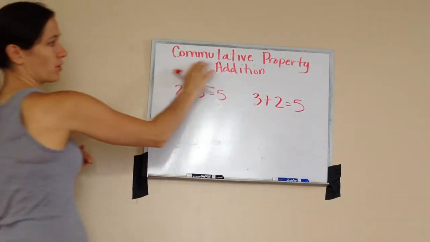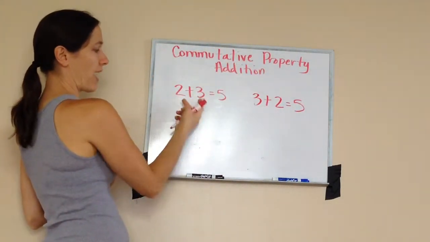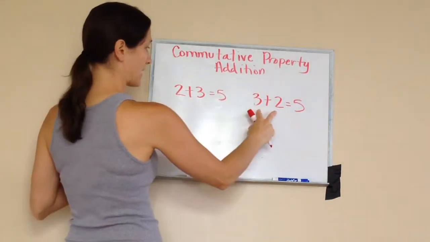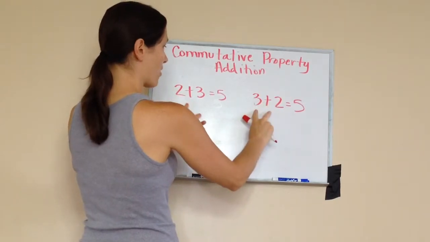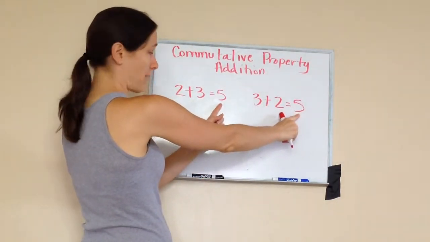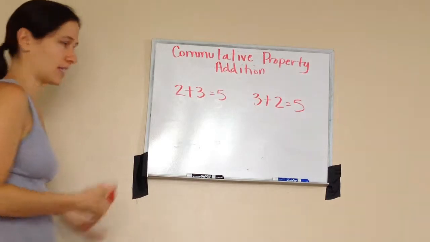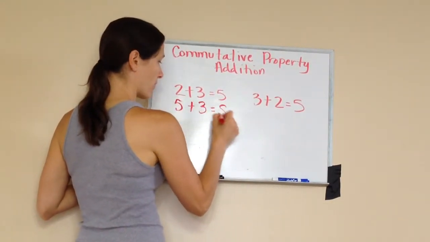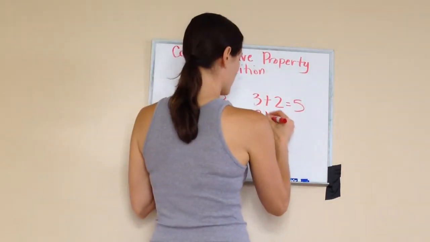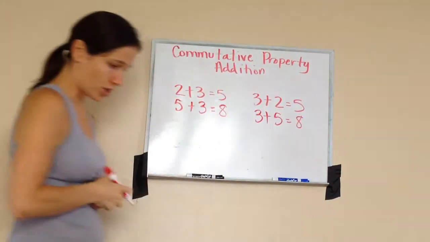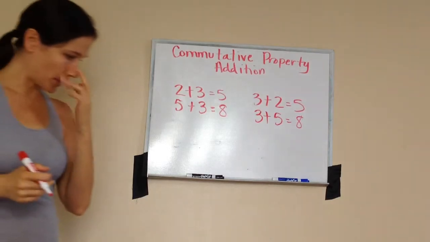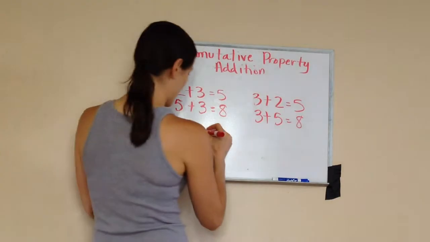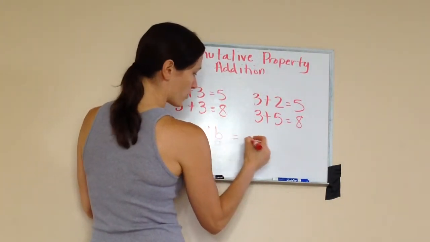So basically what the commutative property means is that no matter how I change out the addends, remember these are called addends, I'm still going to get the same sum, the same answer.